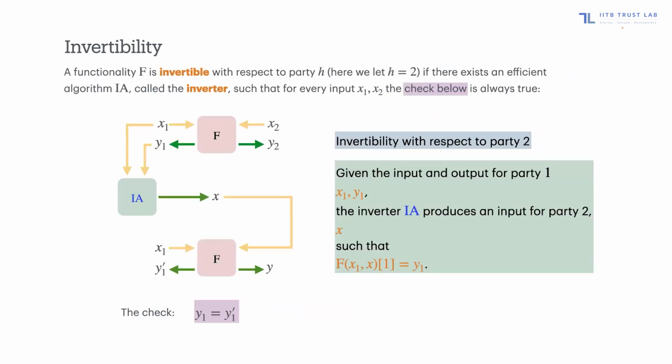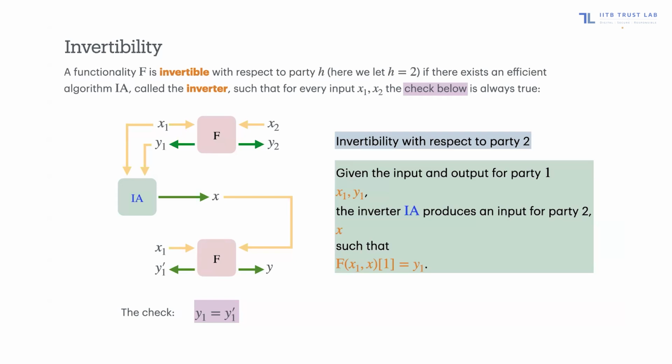So what is invertibility? First of all, it is a condition on the functionality and not the protocol itself. It is with respect to a party. Here I'll be using party 2 as the honest party.